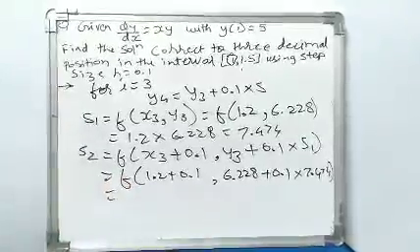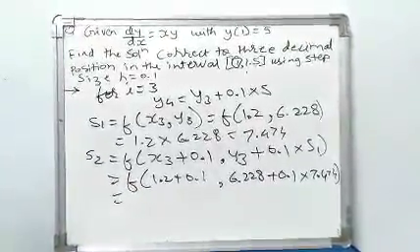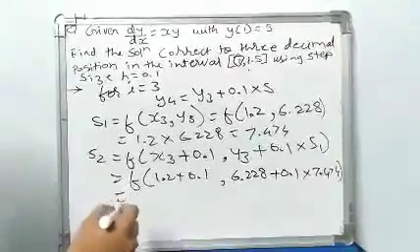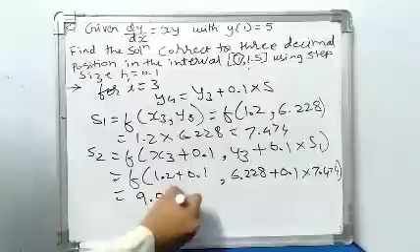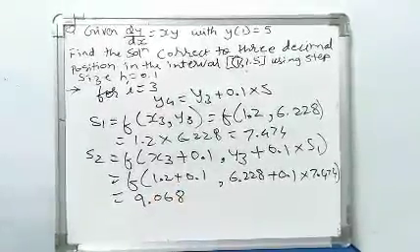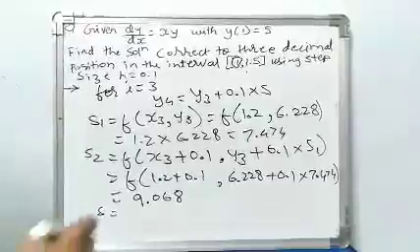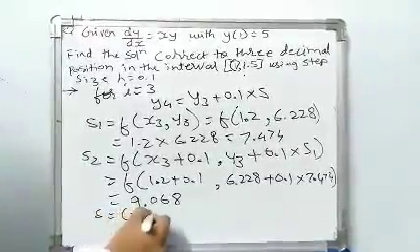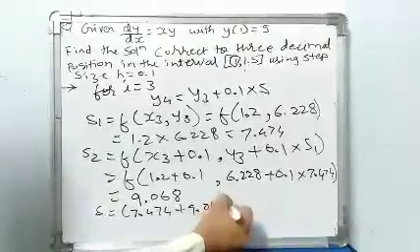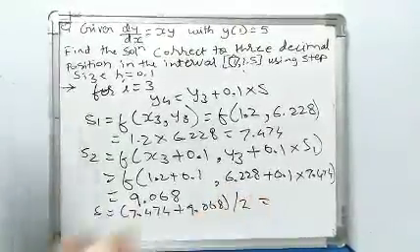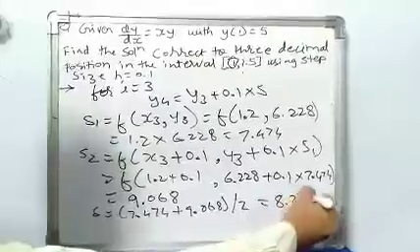Okay, so after calculating this value you get it as 9.068. And s is equal to 7.474 plus 9.068 divided by 2, that you get as 8.271.